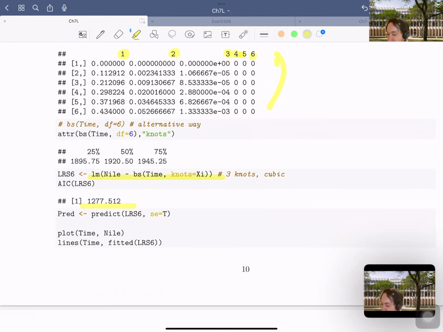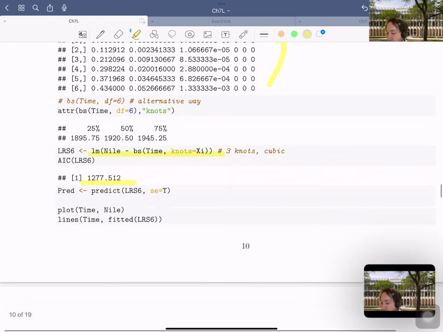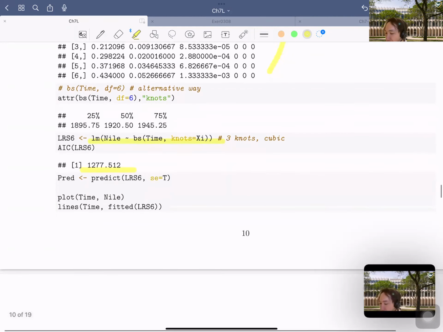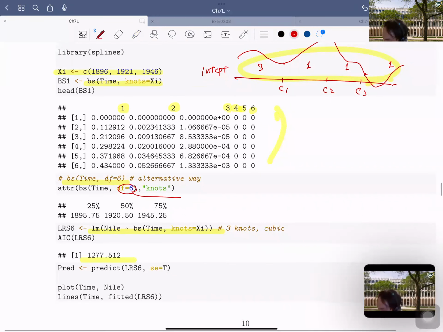It's just slightly worse than the step function and the basis function in this specific example. And an alternate way is BS with the DF equal to 6. So this 6 is the so-called DF, but actually the 6 is the degrees of freedom minus intercept.